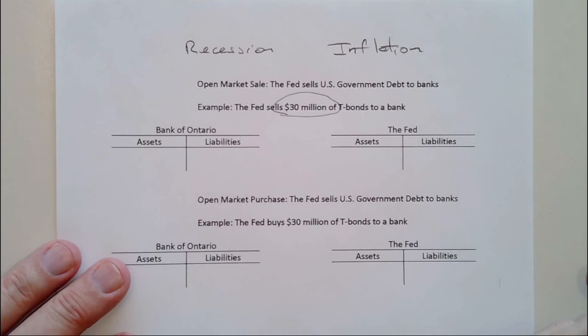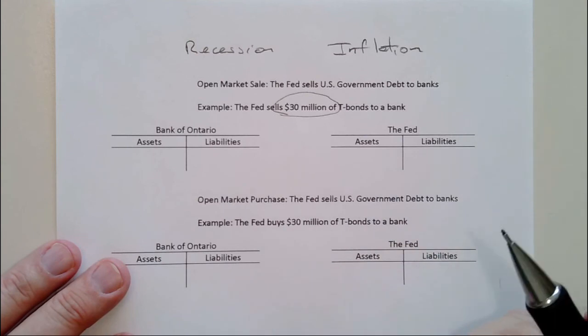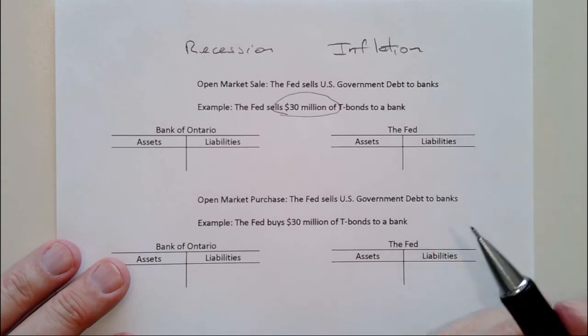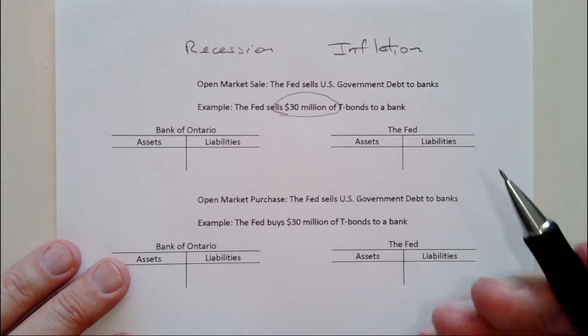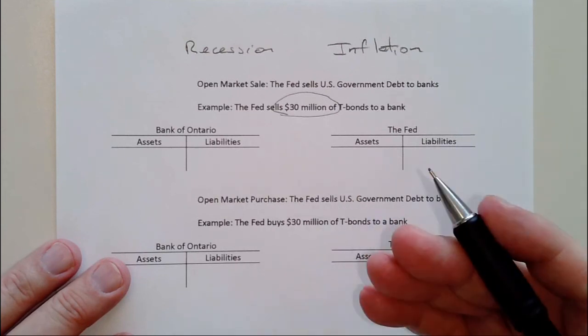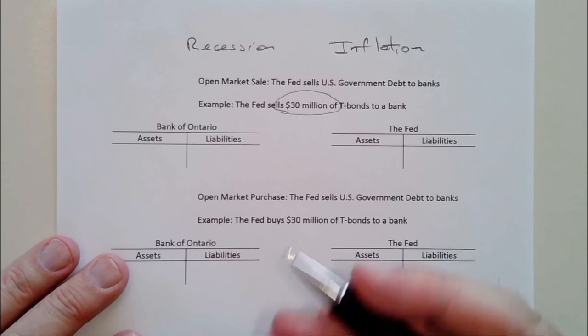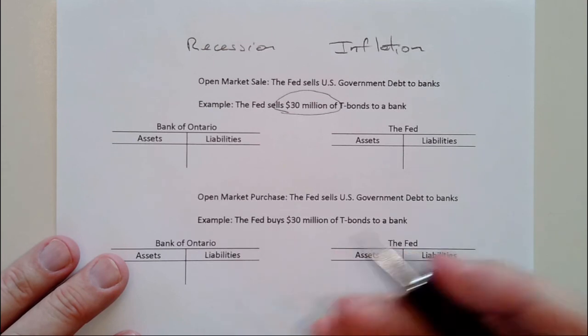And say the bank decides they're going to pay $30 million for these T-bonds. Why would they buy the T-bonds? Because maybe they're a little cheaper than they were last month, and treasury bonds are a good place to put banks' money, pays a little bit of interest, and it's pretty darn safe. It's safer than lending the money out to businesses right now when the economy is kind of shaky.